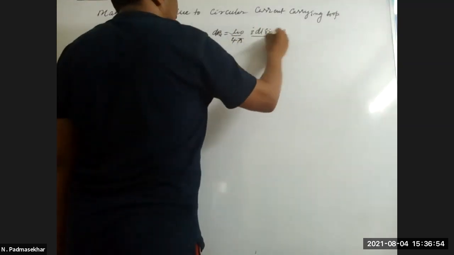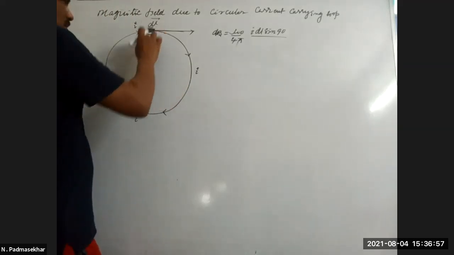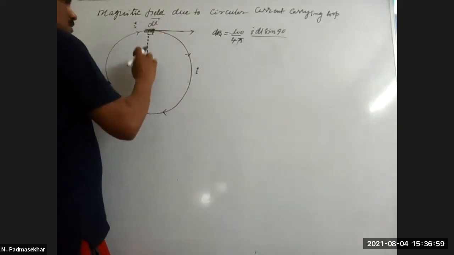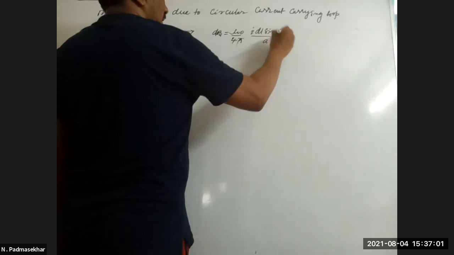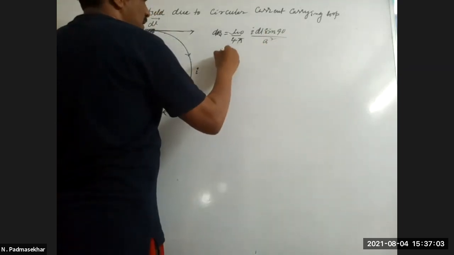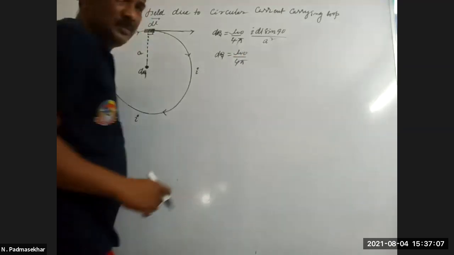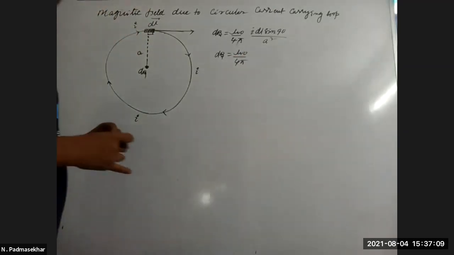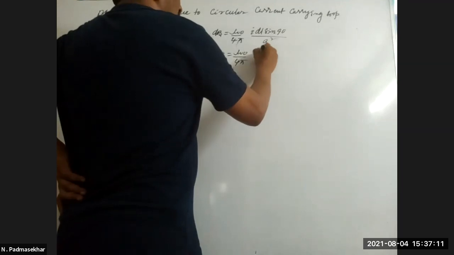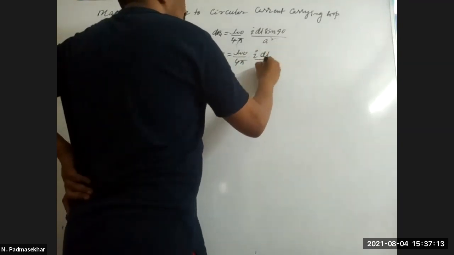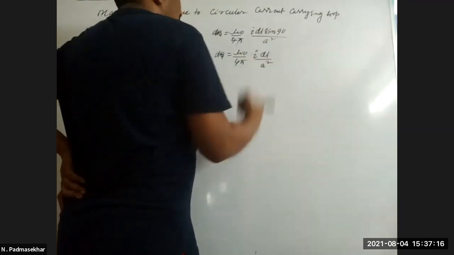Sin 90 by distance between the element and the point, a square. So dB is equal to mu naught by 4 pi I dl by a square.